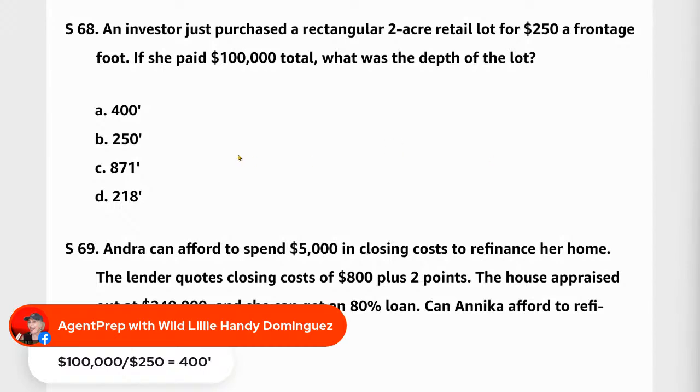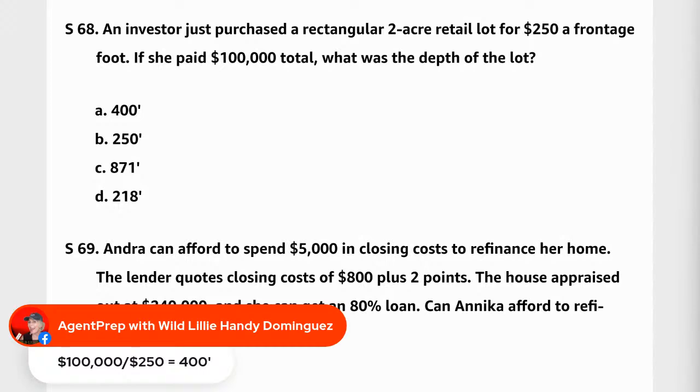It says, what is the depth of the lot? So they have the frontage. The frontage is 400 feet. That's what we calculated. I'm going to delete the comment because it's not A. I saw someone type A and I typed A, but it's not A. So it is not 400.